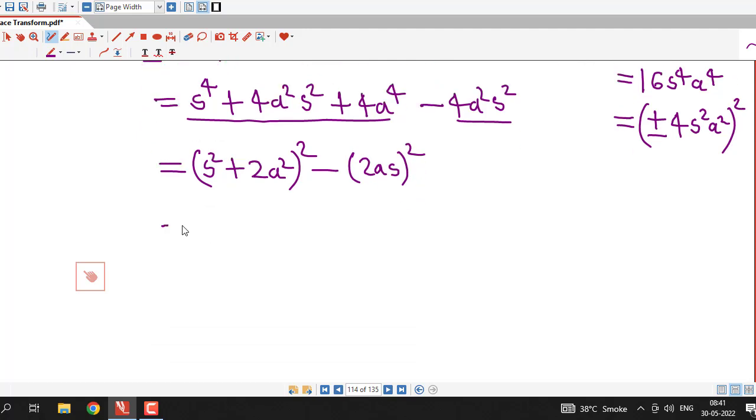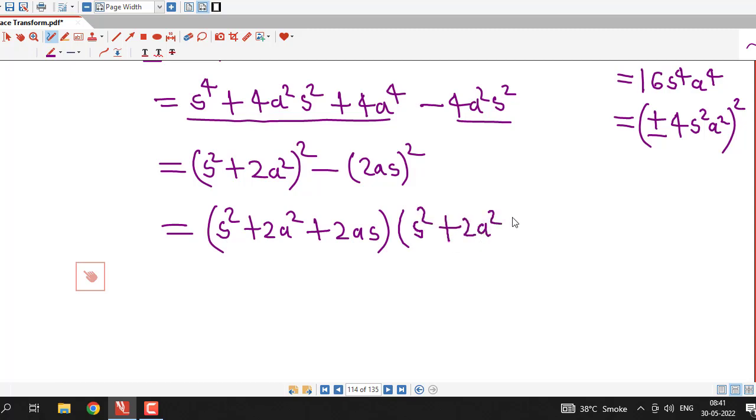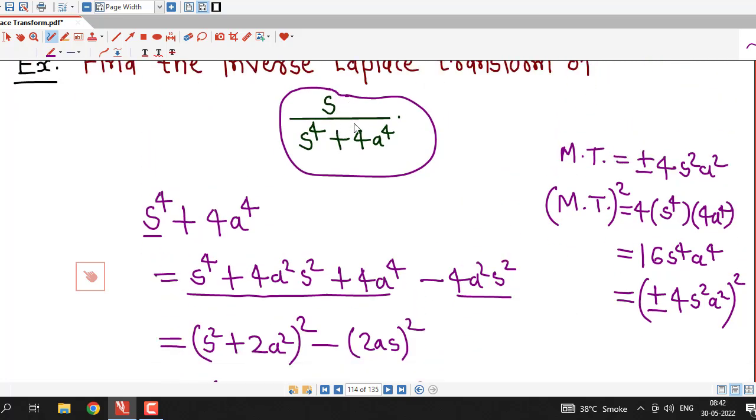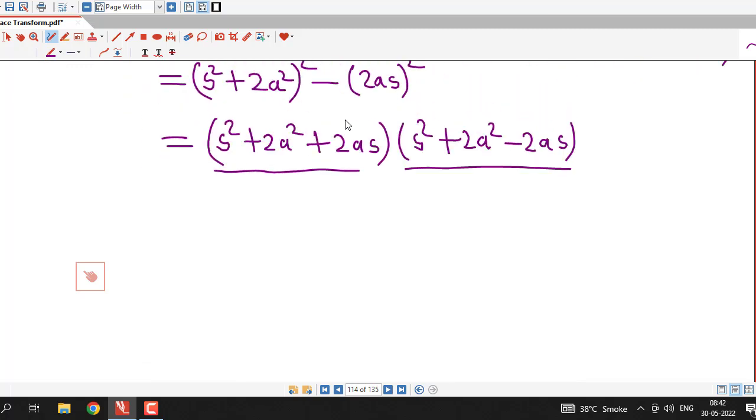Now using the formula of a square minus b square, this we can rewrite as s square plus 2a square plus 2as, in the product s square plus 2a square minus 2as. So this is now a product of two polynomials of second degree, two quadratic polynomials, and in the numerator we have s. So now we take the difference of these two.